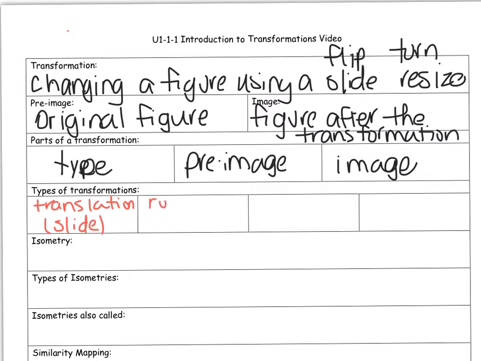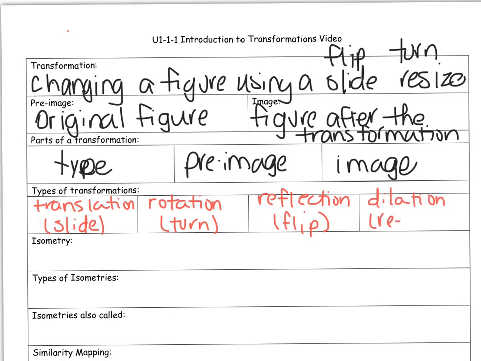The second one is a rotation, which is a turn around a fixed point. There is a reflection, which we referred to last year, maybe in 6th grade, as a flip. And then if we resize the figure, it is called a dilation. And that's a resizing.